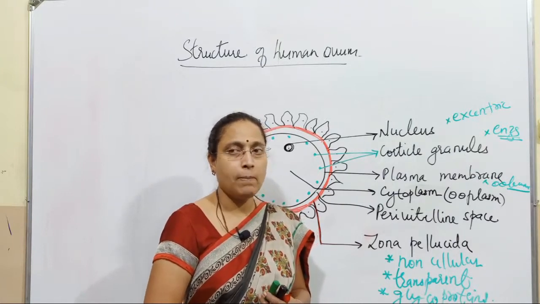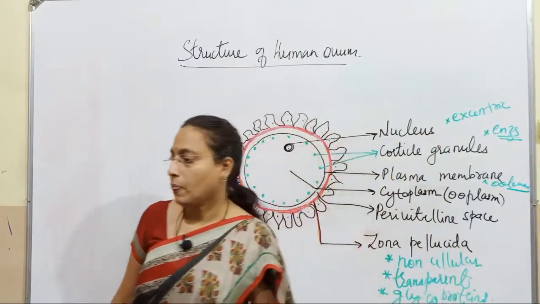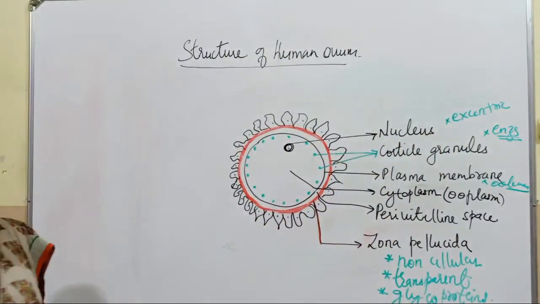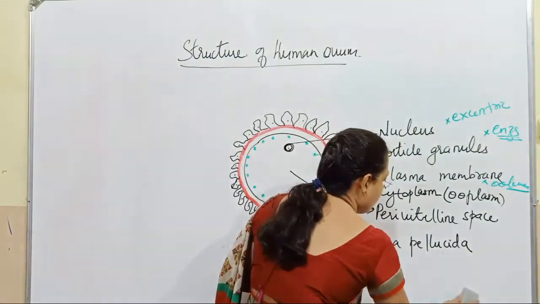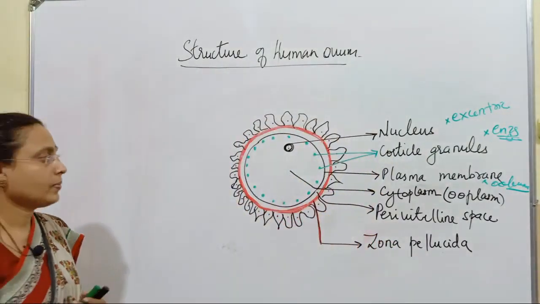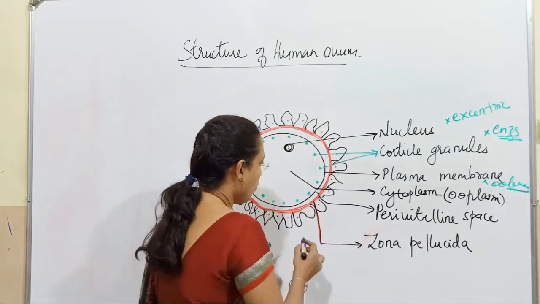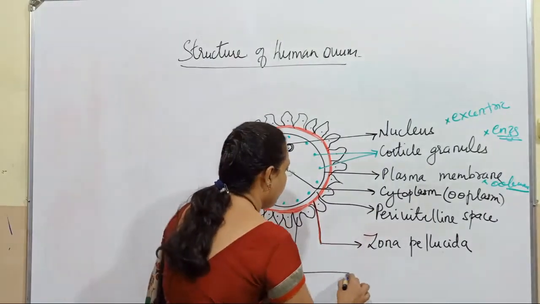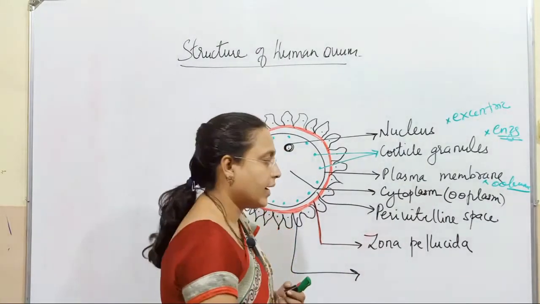Therefore, it prevents polyspermy. Now comes the last layer of the ovum. This layer is called corona radiata.